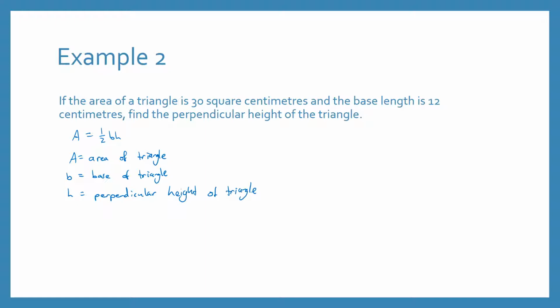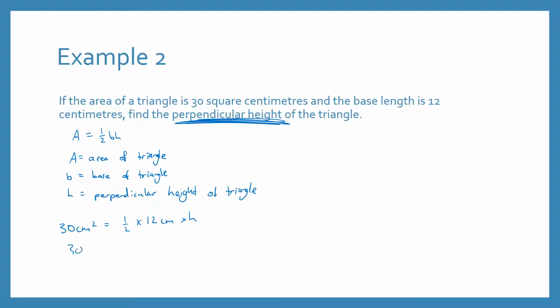Okay, so now we can go in. We are looking for the perpendicular height of our triangle. So we can either substitute our values in here straight away, or we could use our knowledge of solving equations to make h the subject of our equation. But let's just go straight away and substitute things in. So we're going to get 30 centimeters squared equals 1/2 times 12 centimeters times our height.